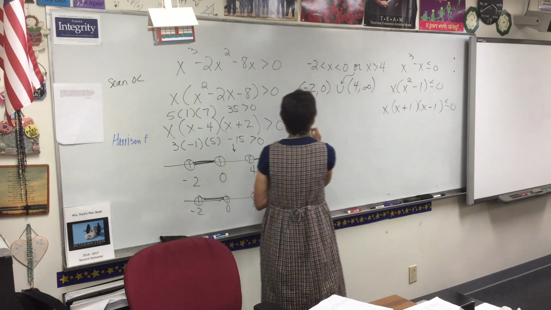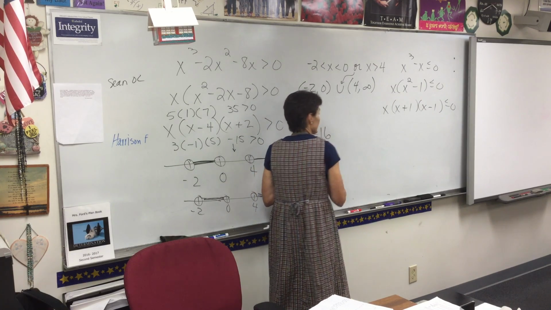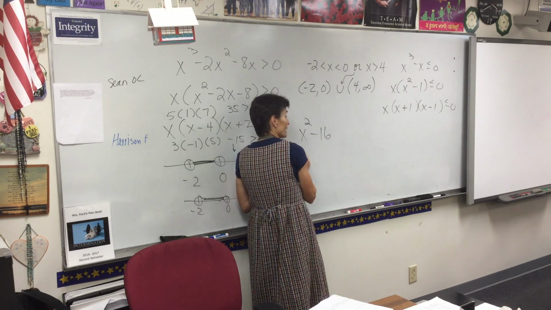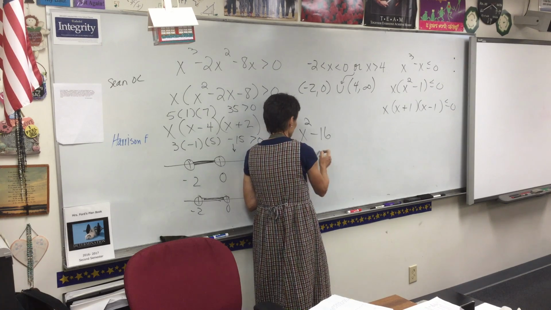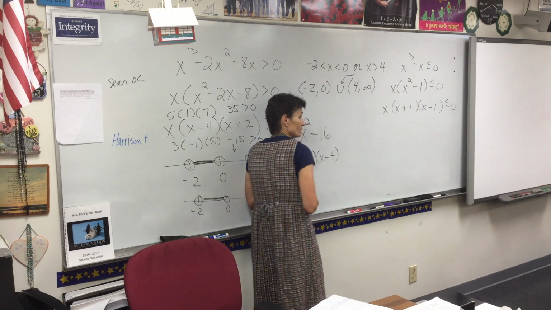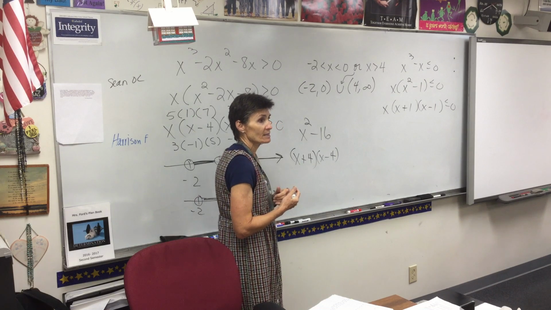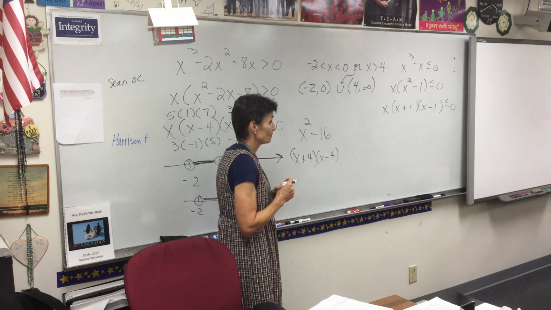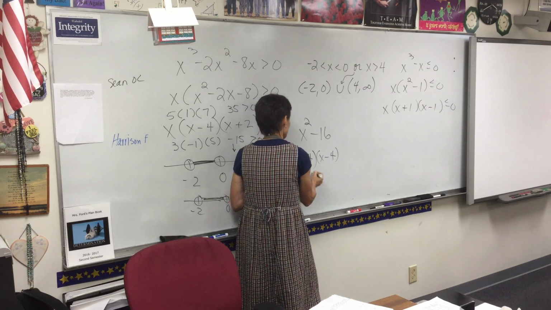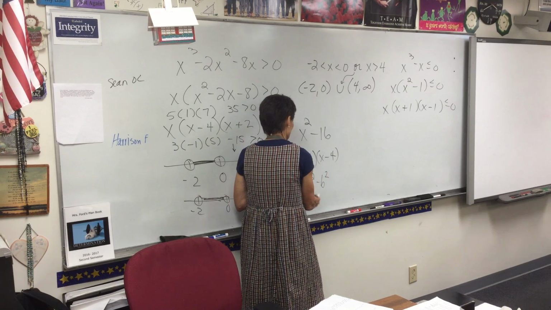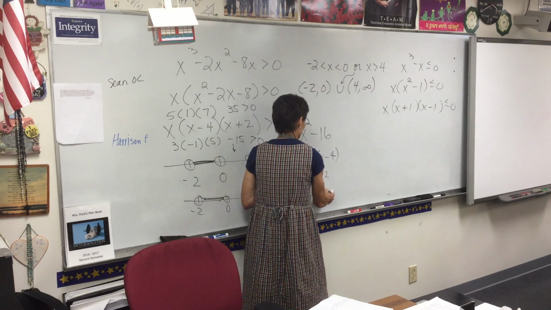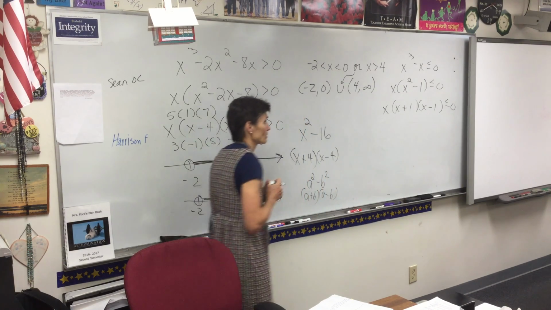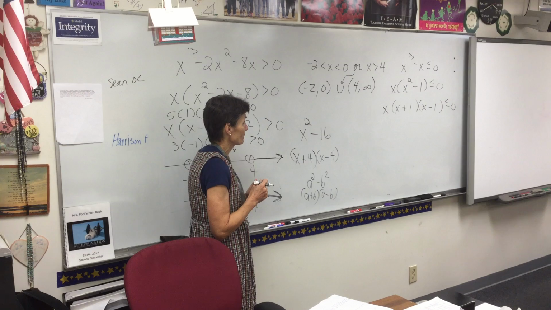So if you had x squared minus 16, that would be x plus 4, x minus 4. You guys got to remember that. You've done that a ton. Factoring the difference of squares. Maybe you memorized it as a squared minus b squared is a plus b, a minus b. But that's how that works, the difference of squares.